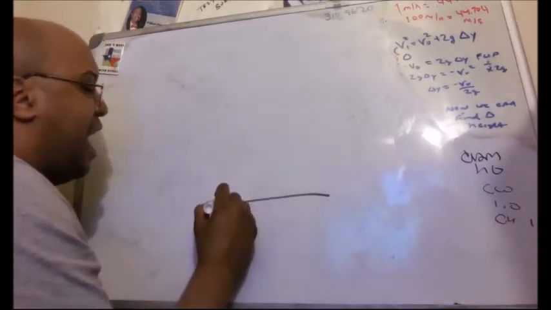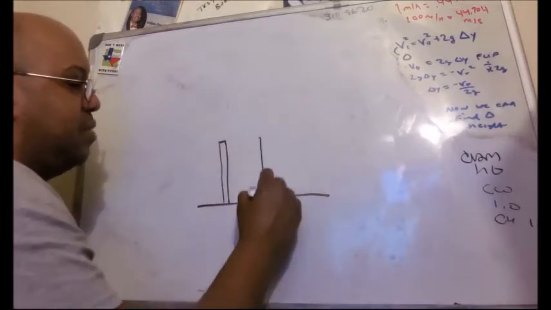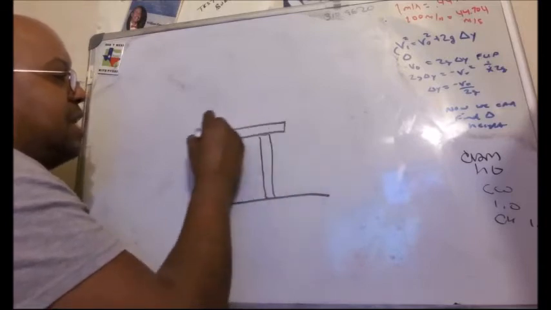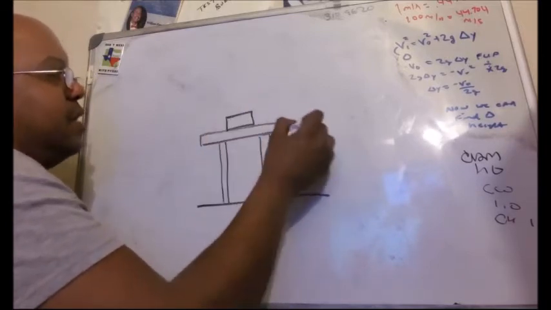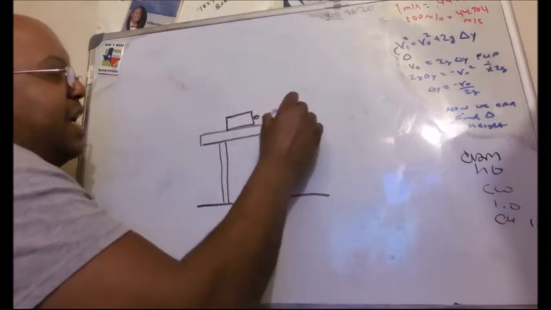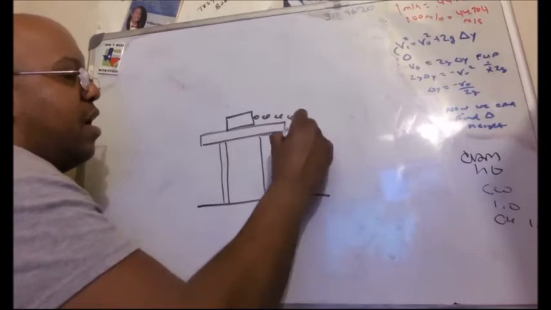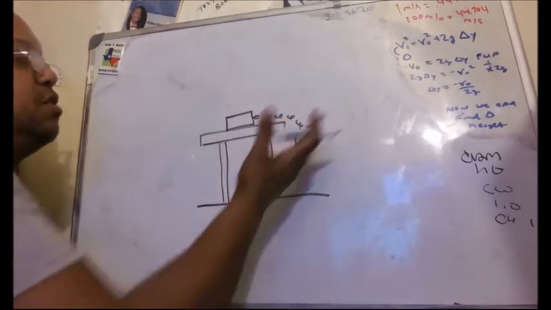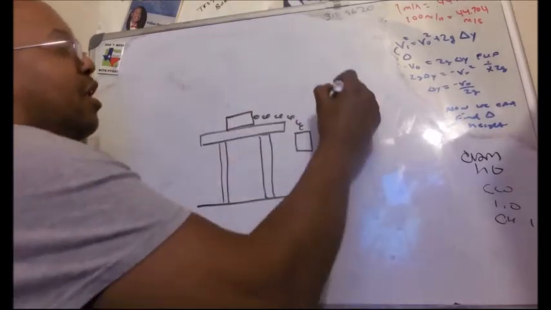Okay. We have a table with legs. That is the top of the table. I have a brick. I have a chain or some type of string attached to another brick. Initially I am holding this brick up, but at some point, hold on, let me draw me.